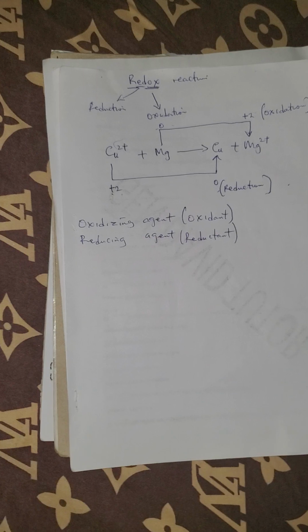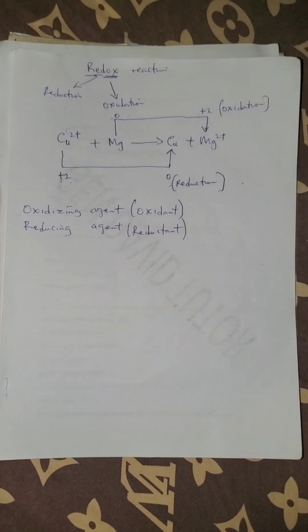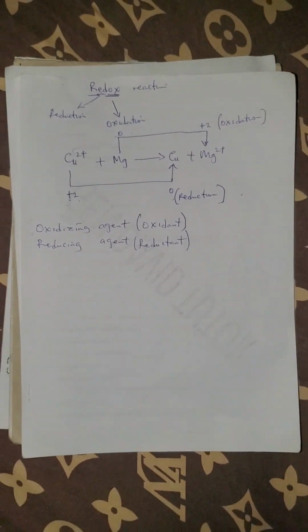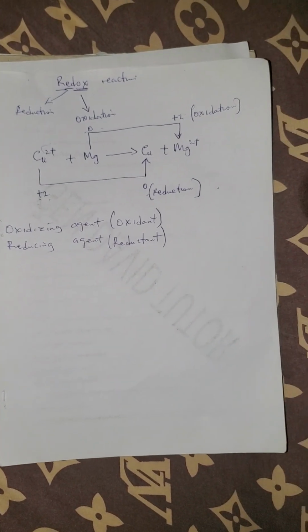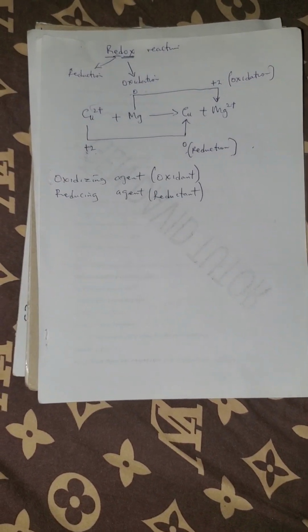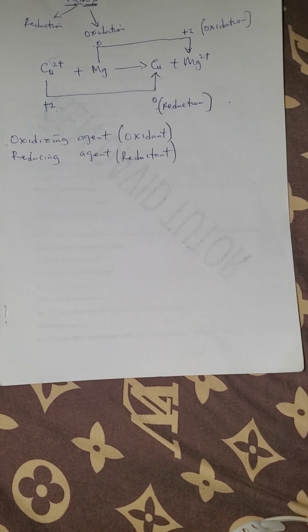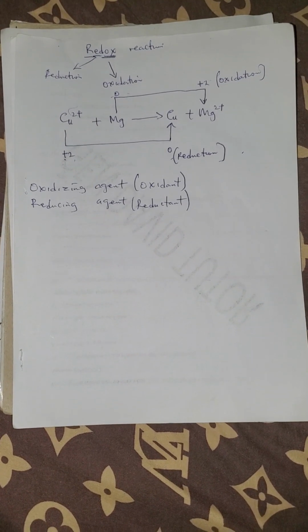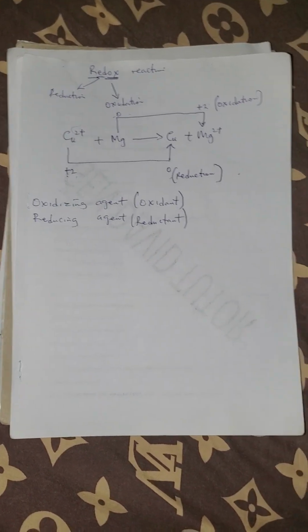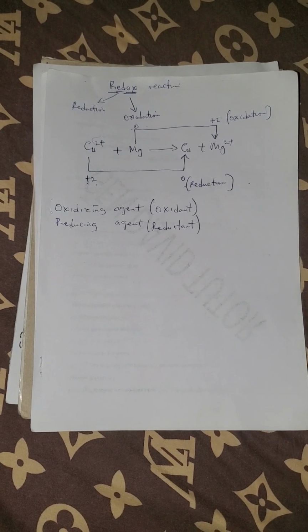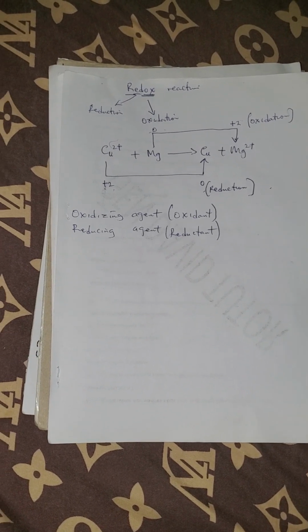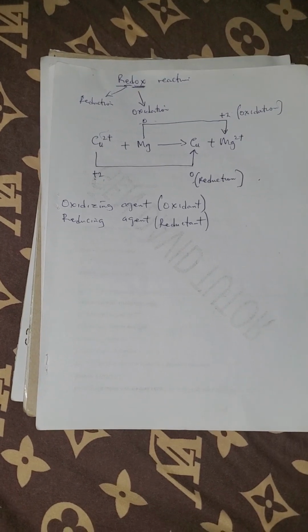Now, if in any reaction you are asked to find oxidizing agents or reducing agents, take note, though we have some common oxidizing agents and some common reducing agents, you have to understand that oxidizing agents are agents that oxidize other elements or compounds in a given reaction, but in the reaction they will be reduced.